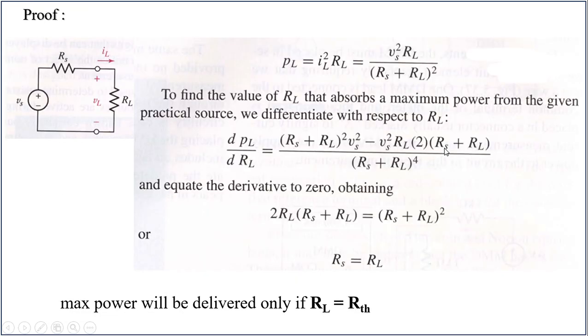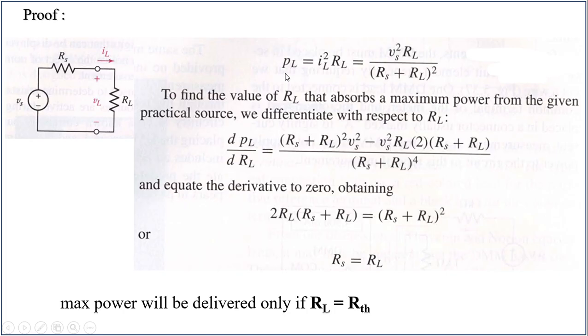This slide is going to give you the proof of the maximum power transfer theorem. RS is nothing but RTH, VS is nothing but the Thevenin's equivalent voltage, and RL is the load resistor. This is the formula for power.